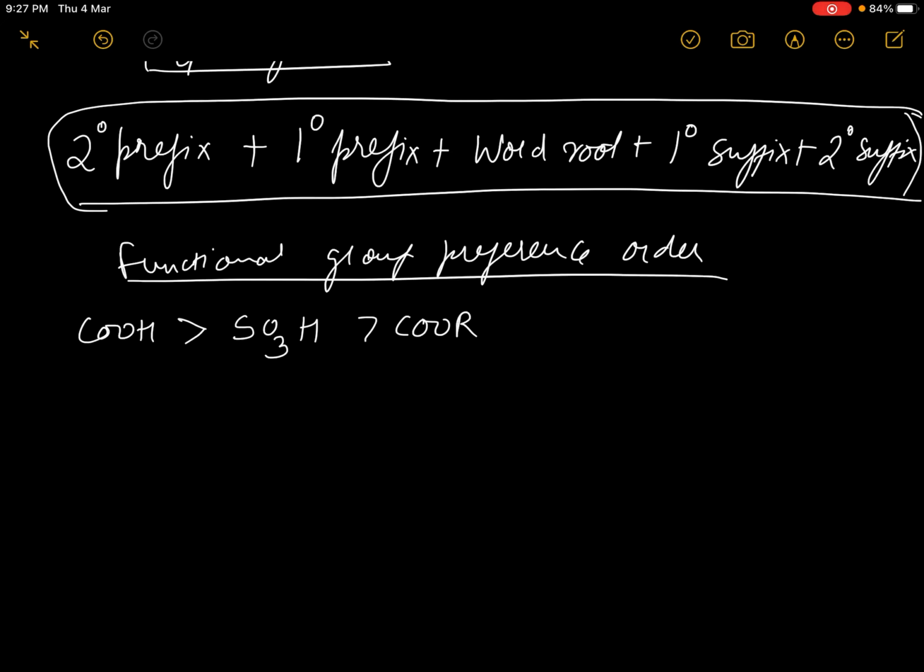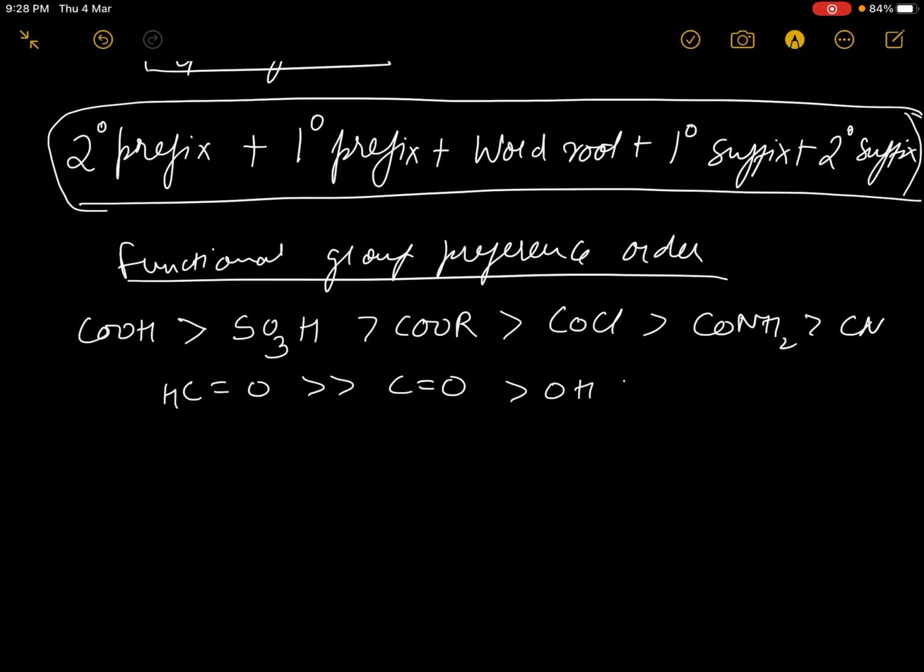Then COCl, after that CONH2, then CN, then CHO, and more preference is given to the C=O ketone, then hydroxy, then NH2, then the carbon double bond, and the least preference is given to the triple bond.